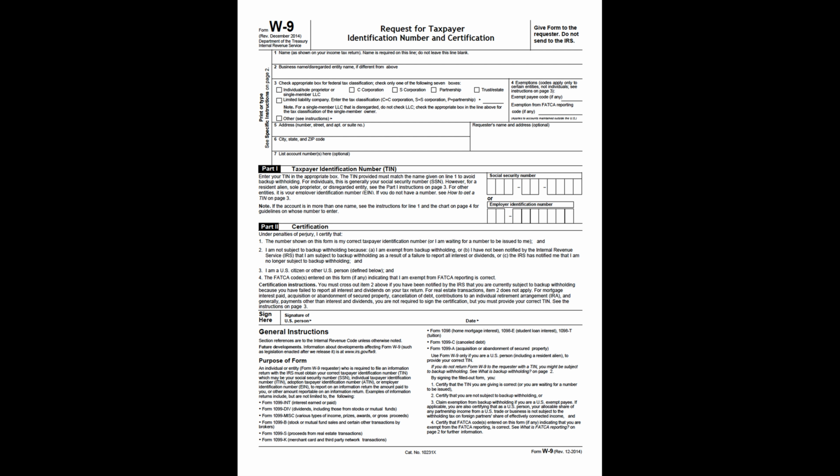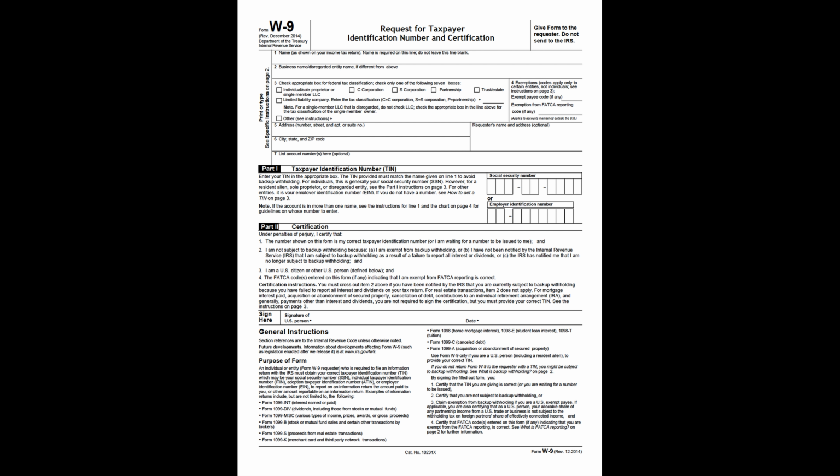Form 1099-S, proceeds from real estate transactions. Form 1099-K, merchant card and third-party network transactions. Form 1098, home mortgage interest, 1098-E, student loan interest, 1098-T, tuition. Form 1099-C, canceled debt. Form 1099-A, acquisition or abandonment of secured property.